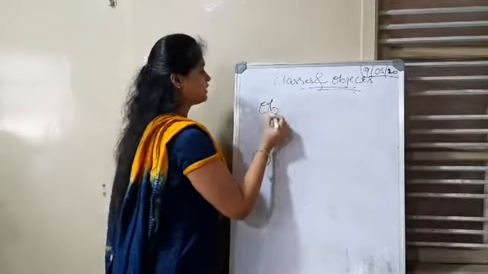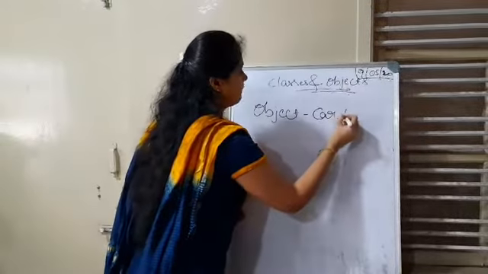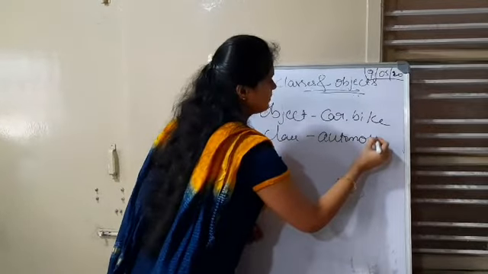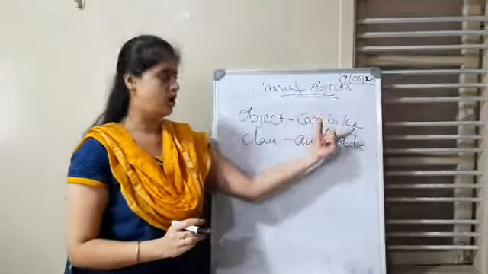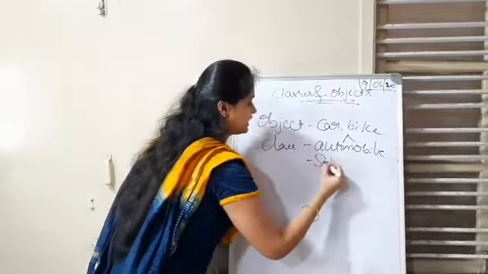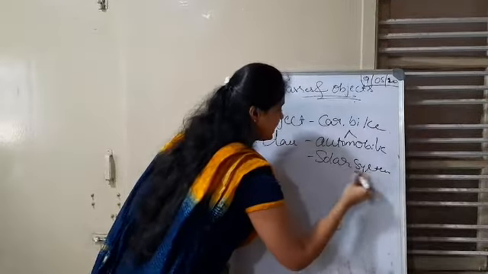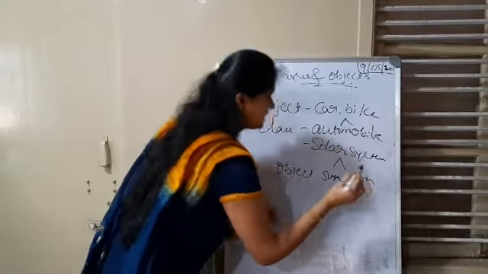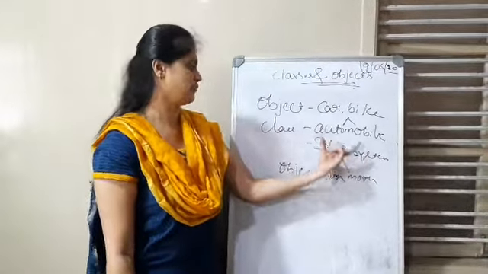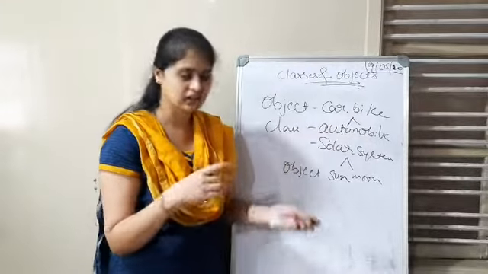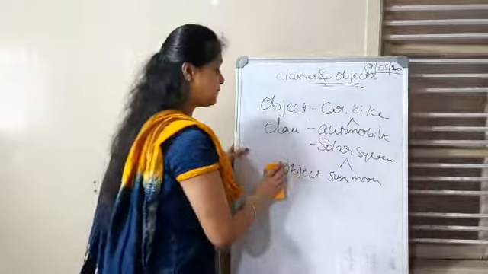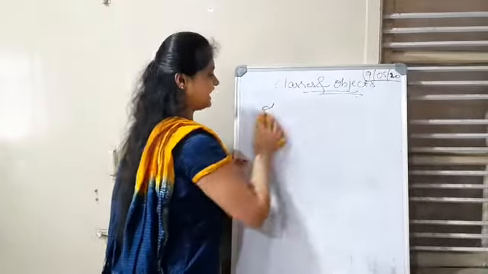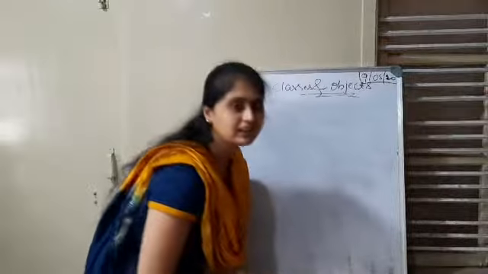For example, car and bike are objects, and the class for them is automobiles. Similarly, for the class solar system you will have objects like sun, moon, stars, etc. For the class automobiles, you have objects called car, bike, etc. I am recalling your first year syllabus on the definitions of objects and classes.